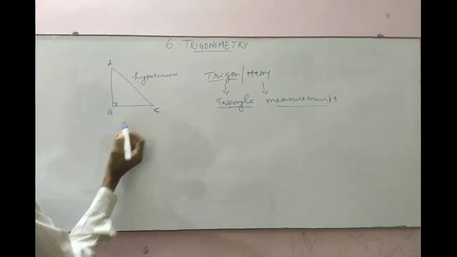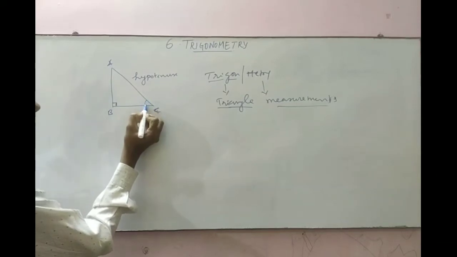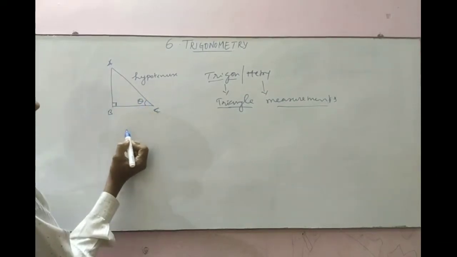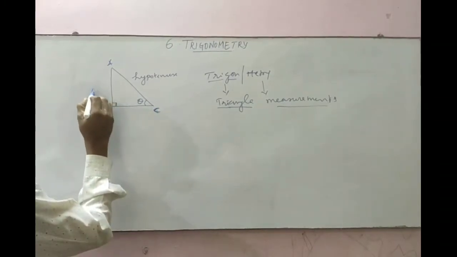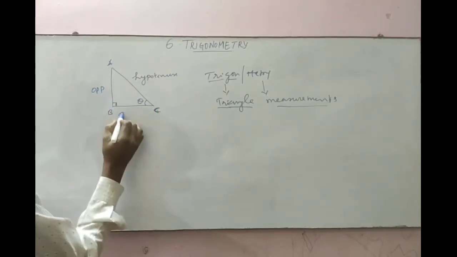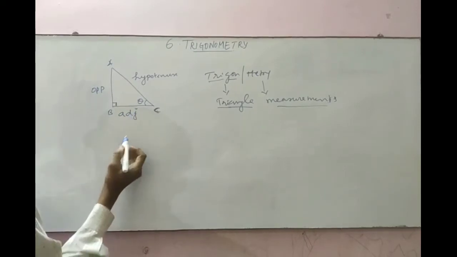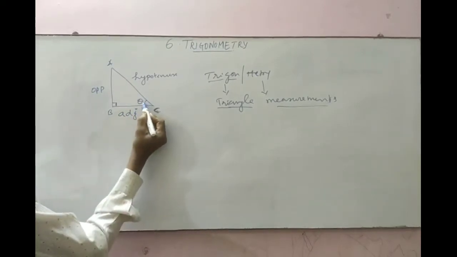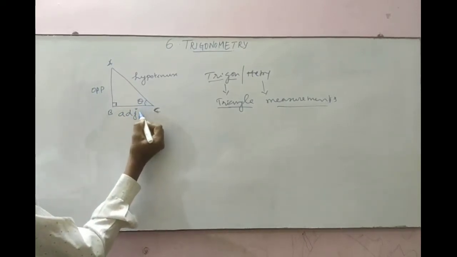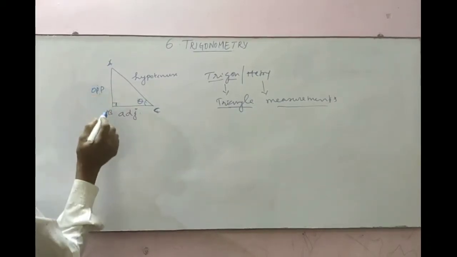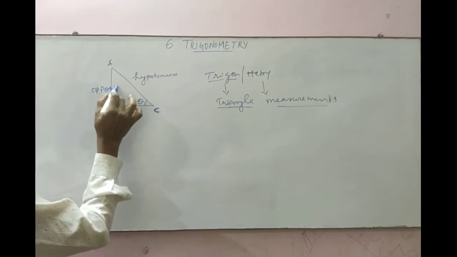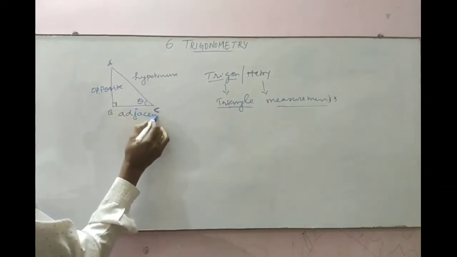It depends upon the theta where we place. If I take the theta in the C, this side is called the opposite side and this side is called the adjacent side. Adjacent means next to theta, the side next to the angle. Opposite means the side opposite to the angle is called the opposite side. This is called adjacent side.